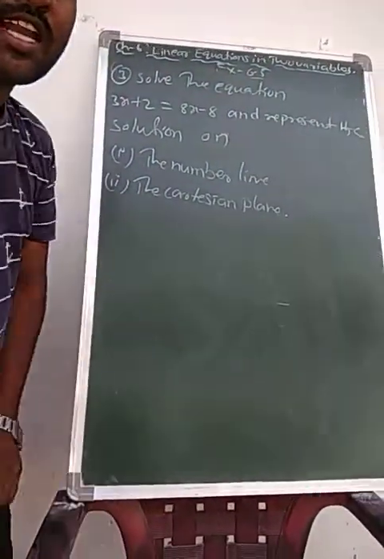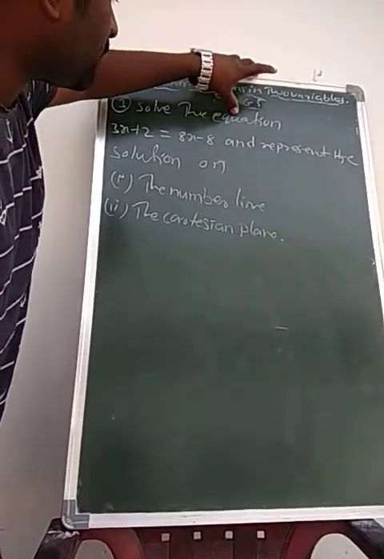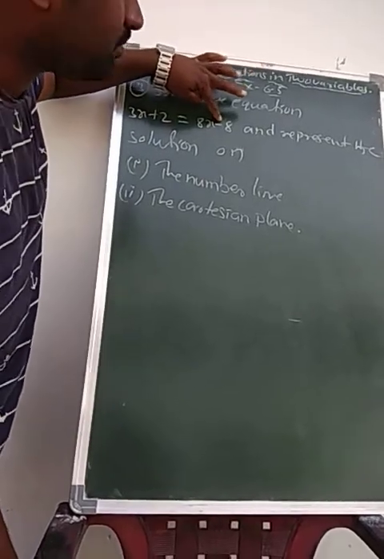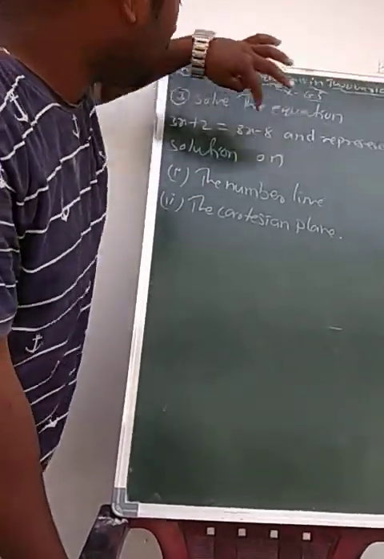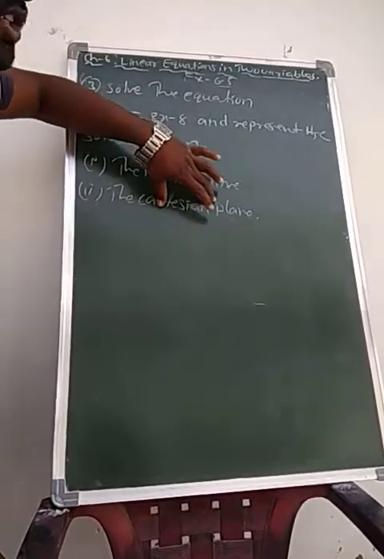Okay students, now question number 3. Solve the equation 3x plus 2 is equal to 8x minus 8 and represent the solution on the number line and the Cartesian plane.